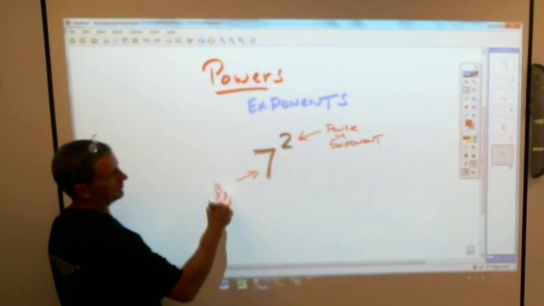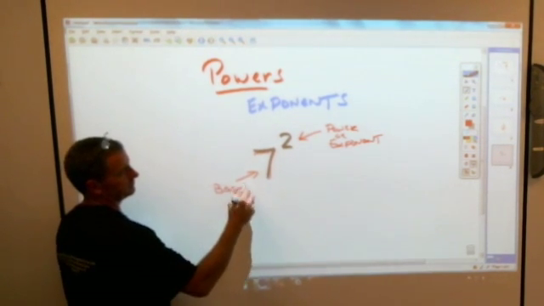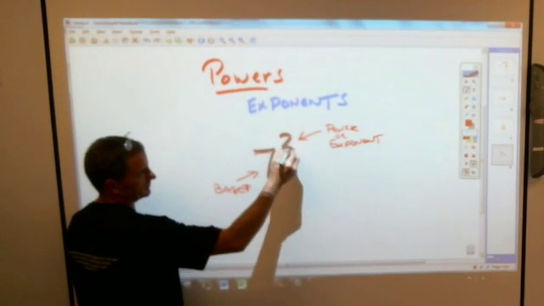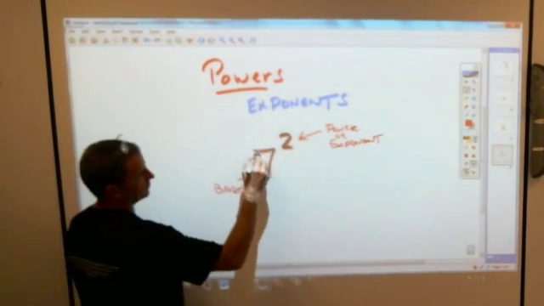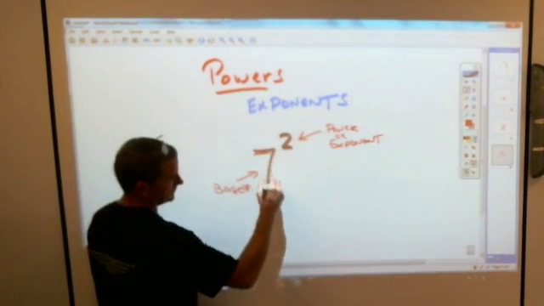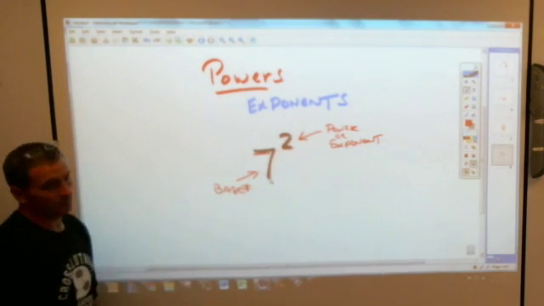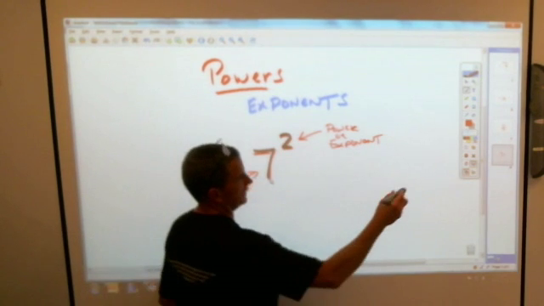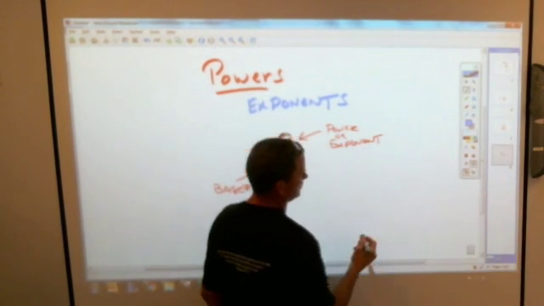That's the base number. This is the exponent. This is the base. And as previously stated here, children, the answer to this is not 14. It is not 7 times 2. It is this. Let's write this down in beautiful words here.